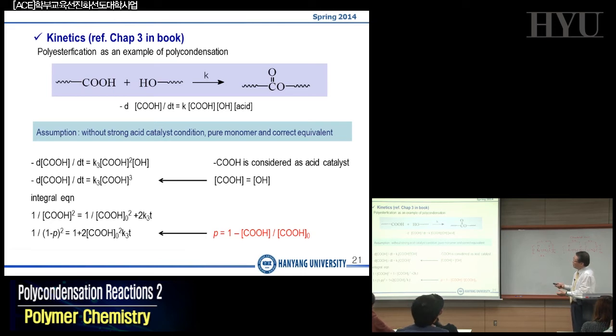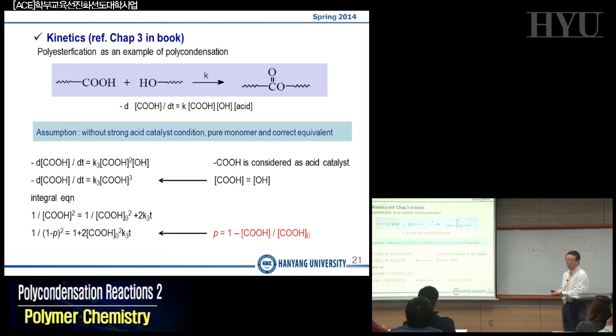Anyway, you can describe this reaction with the known rate equation. Rate here means change with time. The rate of consumption of carboxylic acid is described as minus d carboxylic acid concentration divided by dt.